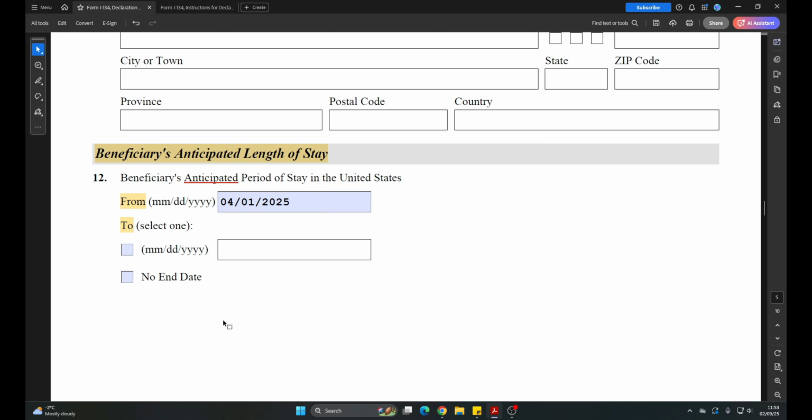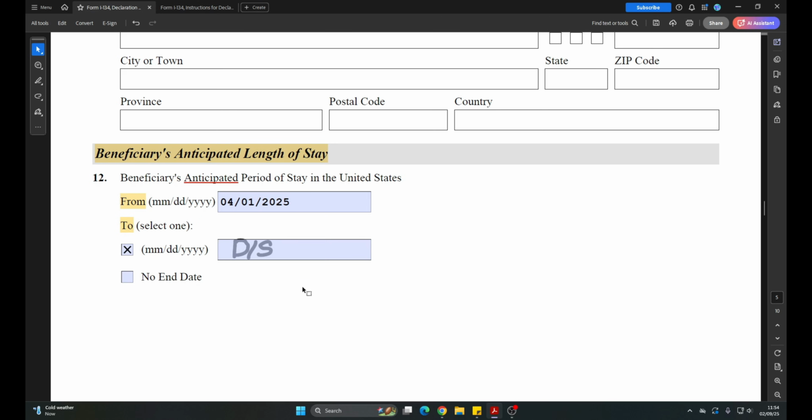And maybe you're filling out this application for somebody who's going to be on a student visa. In that case, you can select this box and write an approximate date of when they anticipate to finish their studies. You could also write D/S, which means duration of status, which is usually what is written on the beneficiary's I-134 when they arrive in the United States.